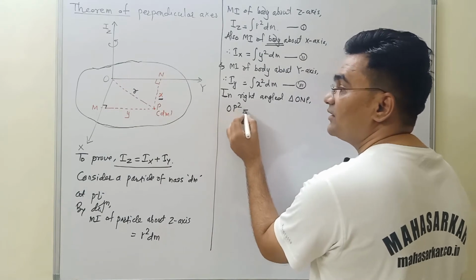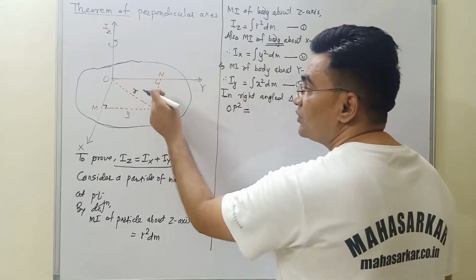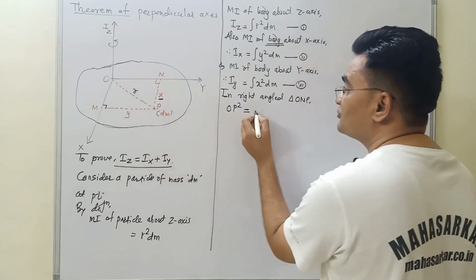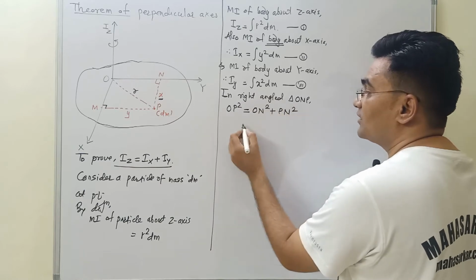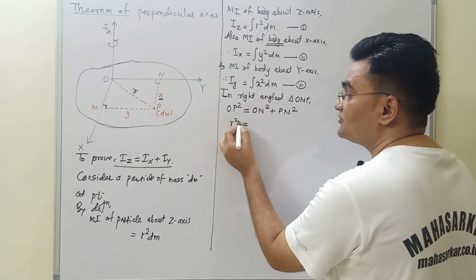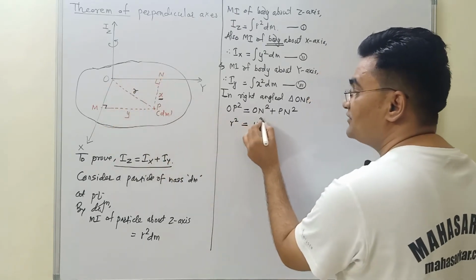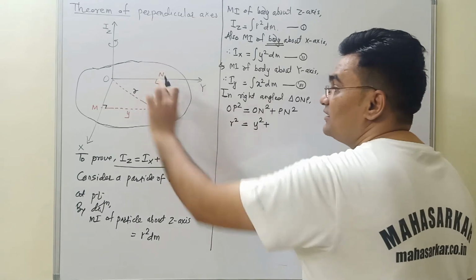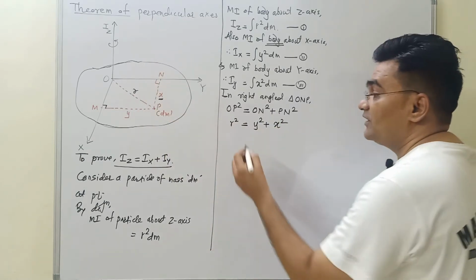OP square equals ON square plus PN square. OP square is nothing but r square, ON is y, so it is y square, plus PN is x square.